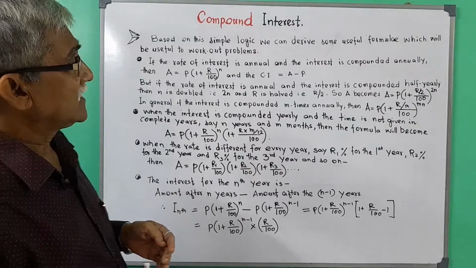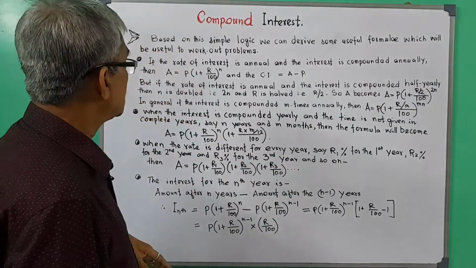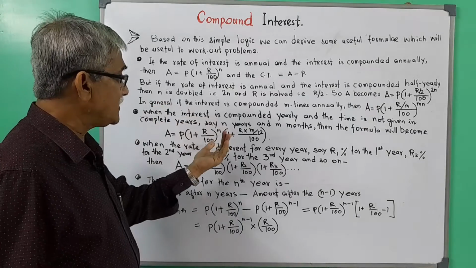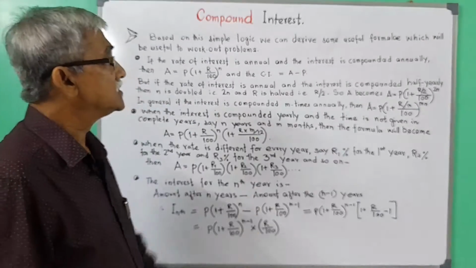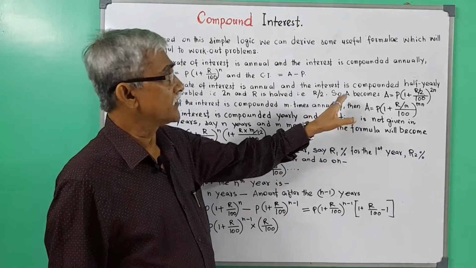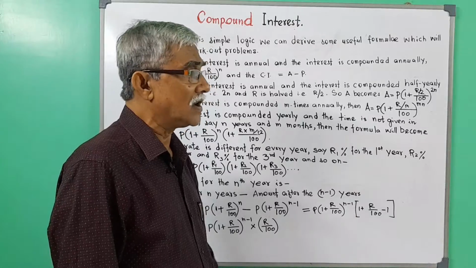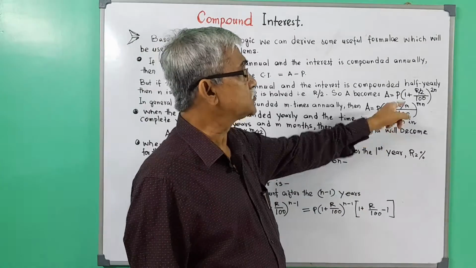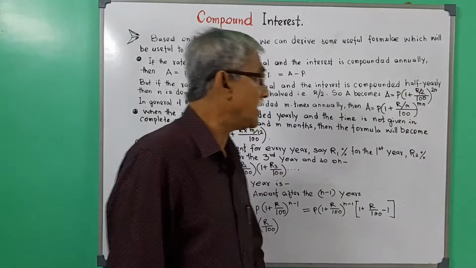But if the rate of interest is annual and the interest is compounded half yearly, then n is doubled, that is 2n, and R is halved, that is R by 2. So in that case, the amount becomes A is equal to P whole into 1 plus R by 2 upon 100 whole to the power 2n.